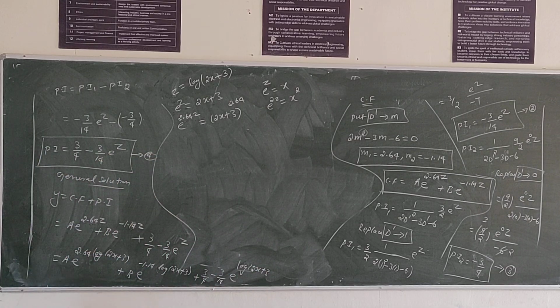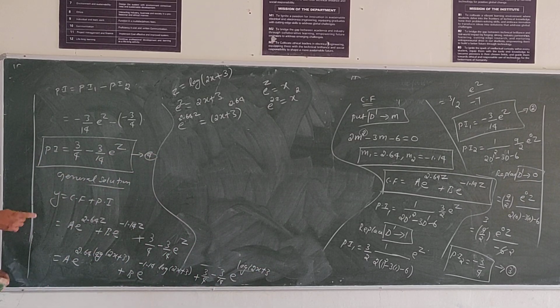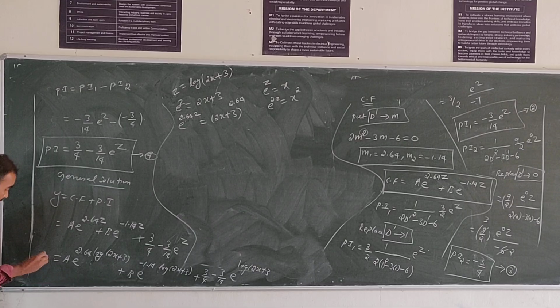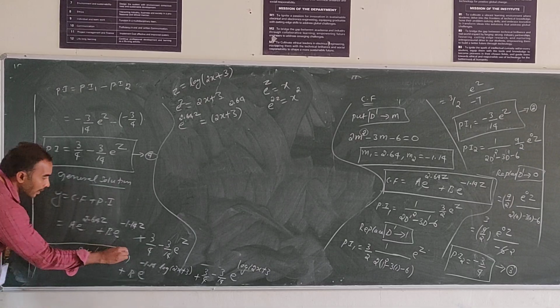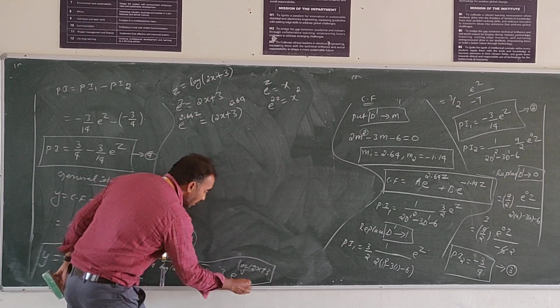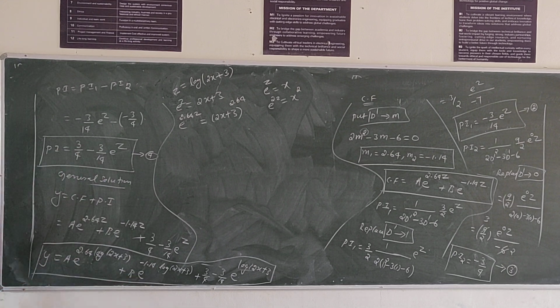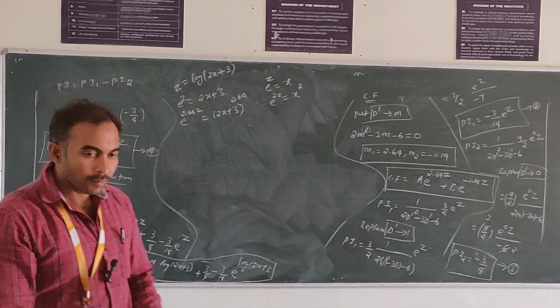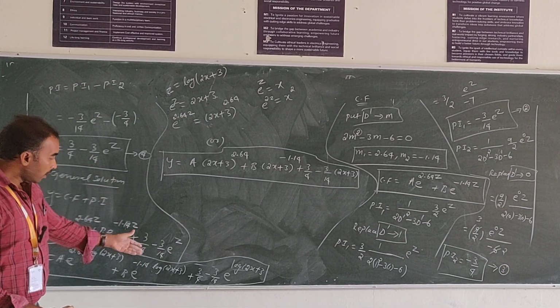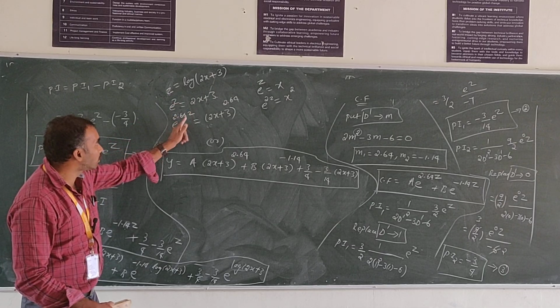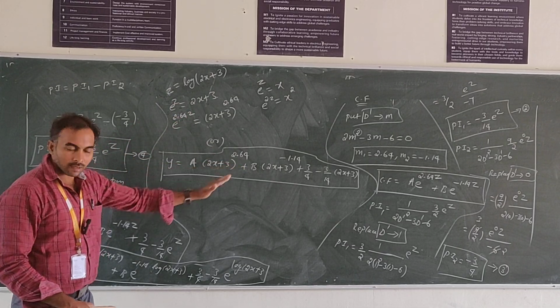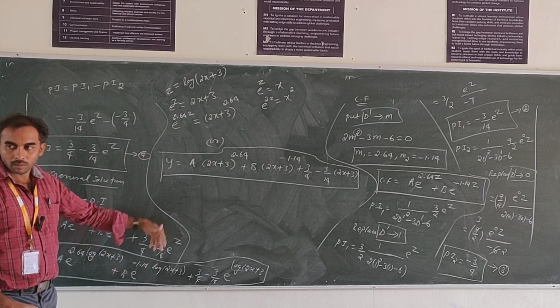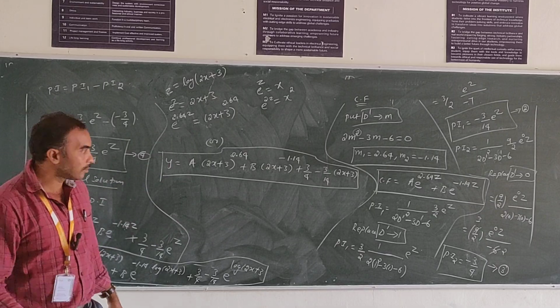We can stop with this. We converted z into x. This is the general solution. Complete it. In the next step, we can apply the values, or we can stop with this. Both are correct.